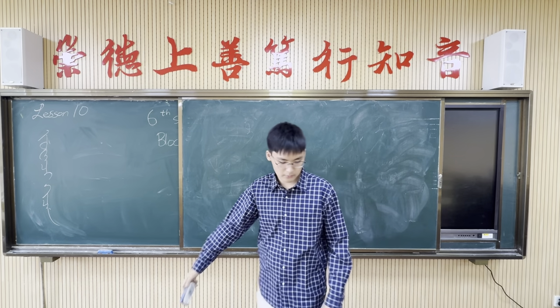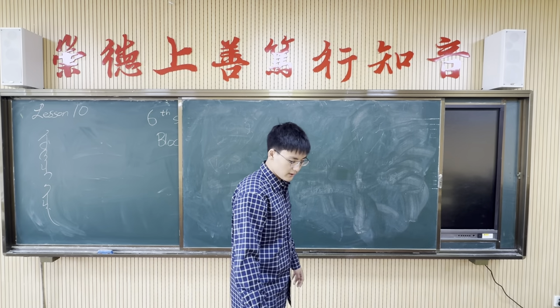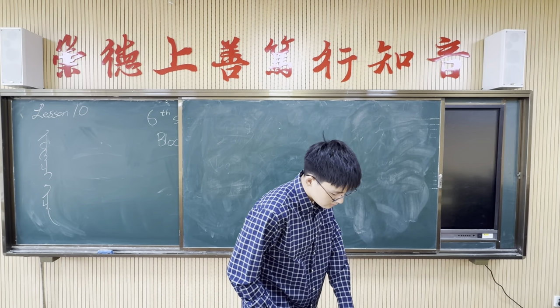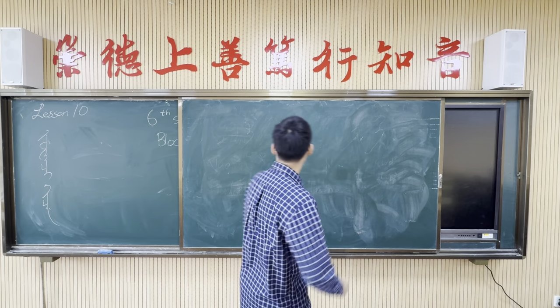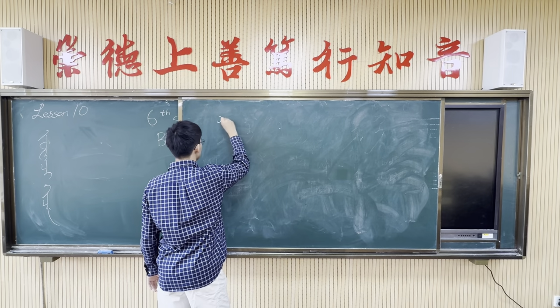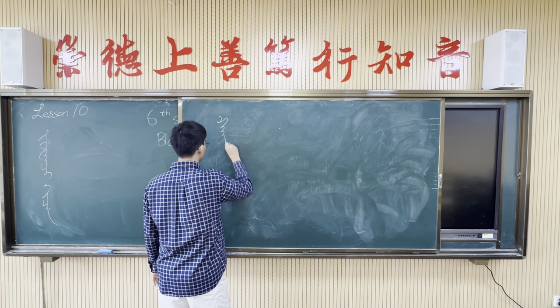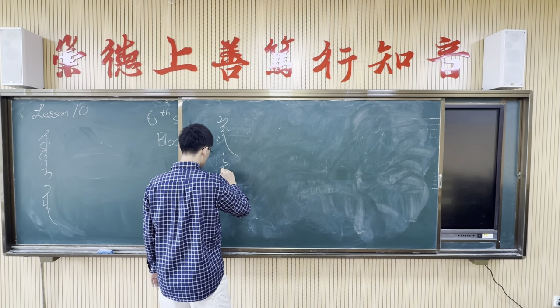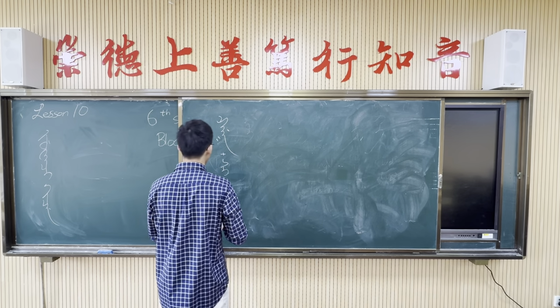All right. So the first word will be 각시. 각, plus C equals gak C.